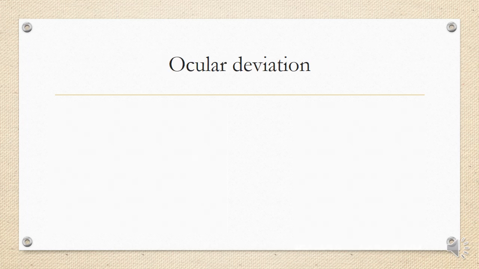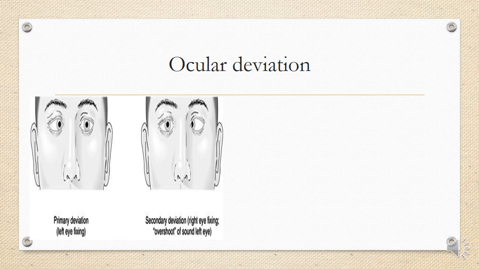Second is ocular deviation, which is a very prominent differentiation between a paralytic and a non-paralytic squint. In primary deviation, where the unaffected eye is fixing, you will find that the amount of deviation is lesser, and when you ask the patient to fixate with the affected eye, the amount of deviation increases, which is your secondary deviation.